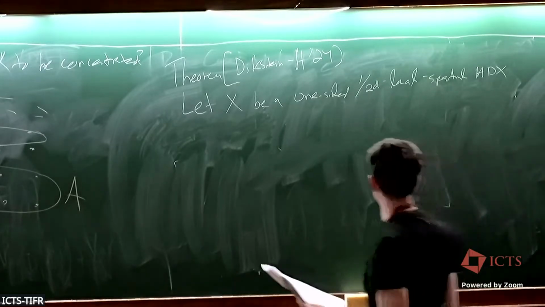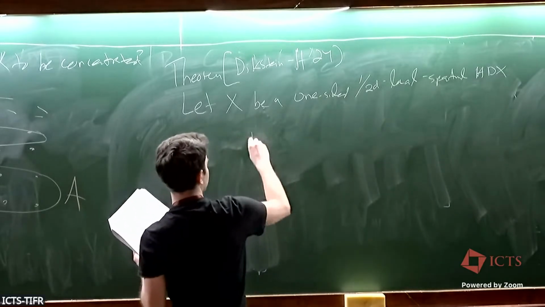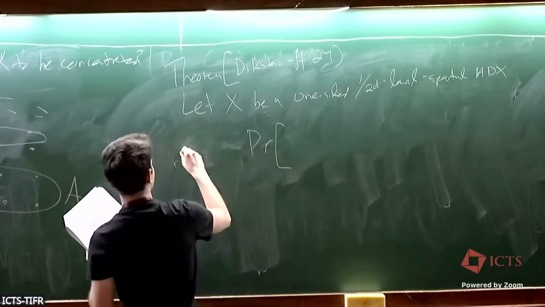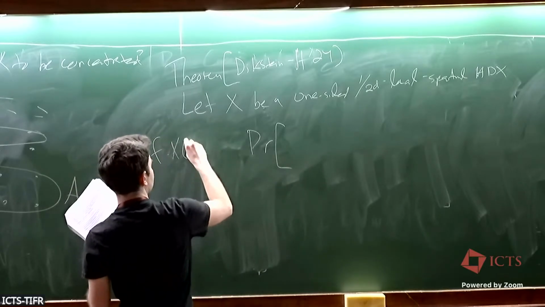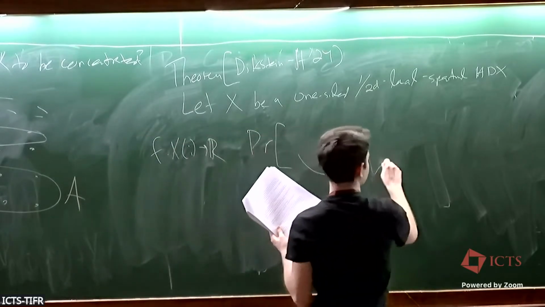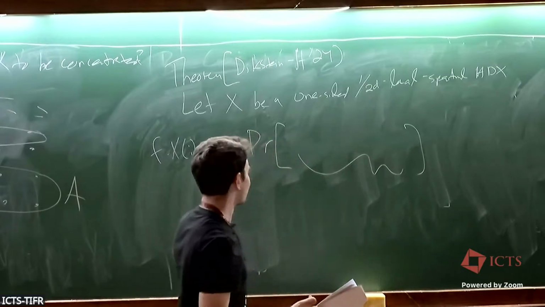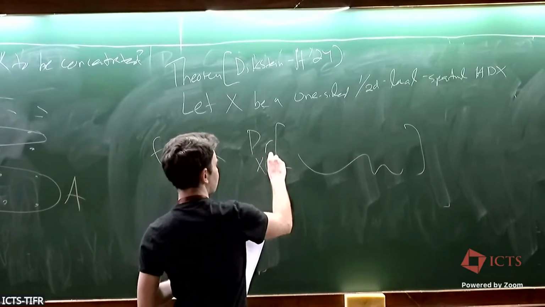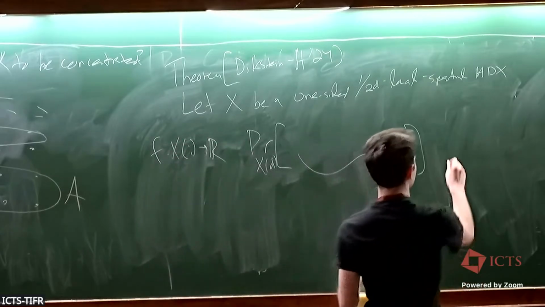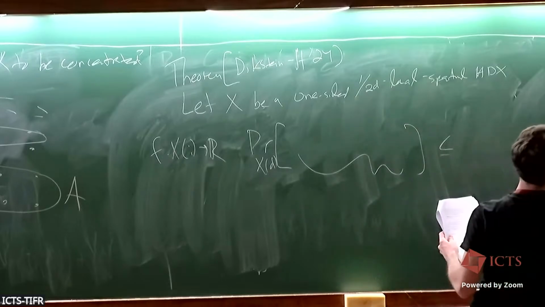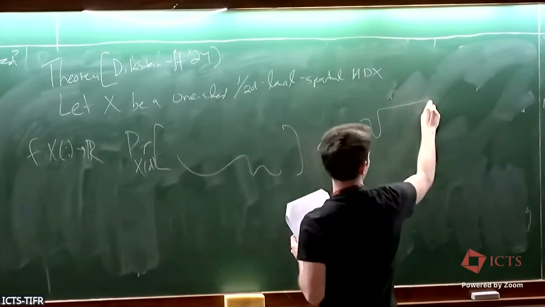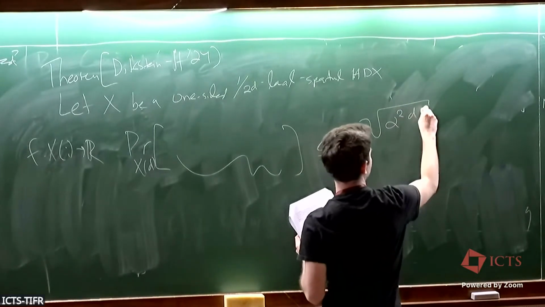What is known for this weak setting is the probability, for any function f from X(i) to R, of the degree I sampling probability. I'm not going to rewrite this. This is just the probability that when you sample a D set, you're alpha close to your expectation. I wrote it out several times already, so I'll just rewrite that exact thing. We prove something like e to the minus square root of alpha squared d over I.